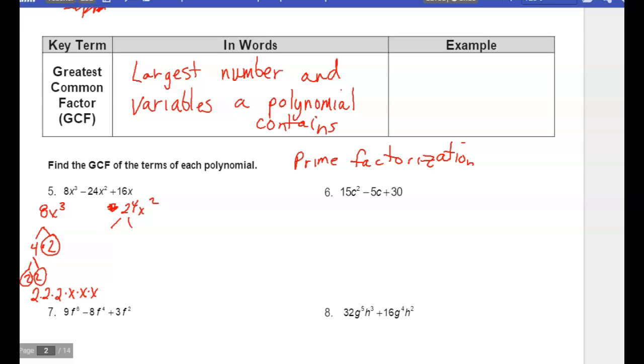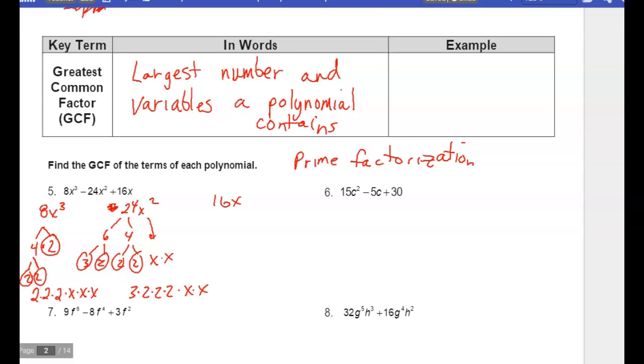We could break that down into 6 and 4 or 12 and 2, doesn't matter. So I can do 6 and 4 here. 3 and 2, there's a prime number. 2 and 2, also prime numbers. My x squared breaks down into x times x. So then if I was writing the prime factorization of this one, I would have 3 times 2 times 2 times 2 times x times x. And if I multiplied all that together, I'd get back to the 24x squared.